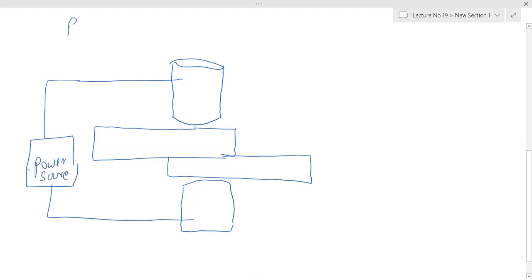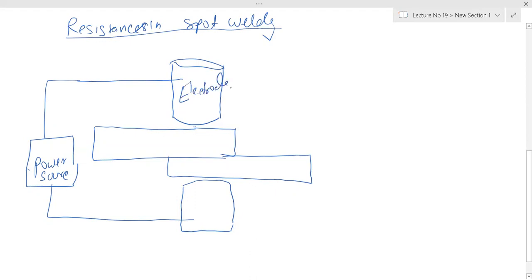So we are discussing resistance spot welding. This is our electrode, and this is also an electrode. So there are two electrodes.